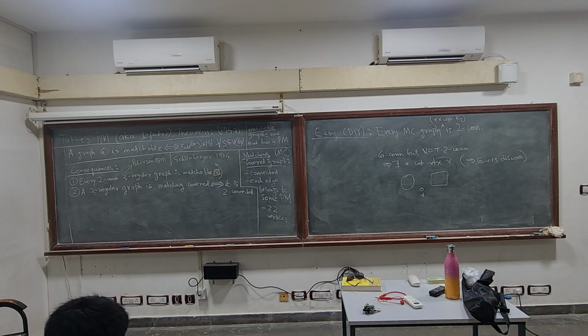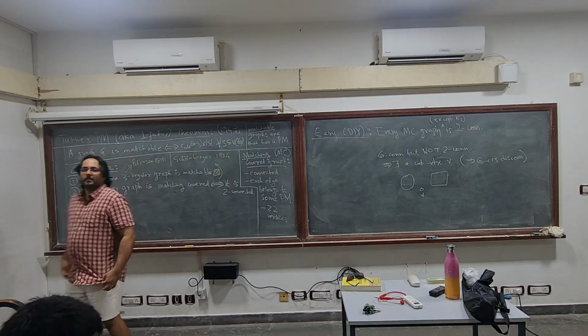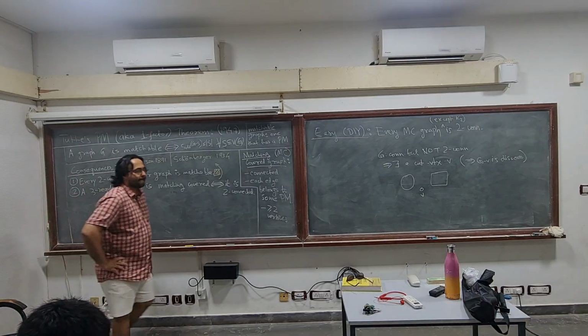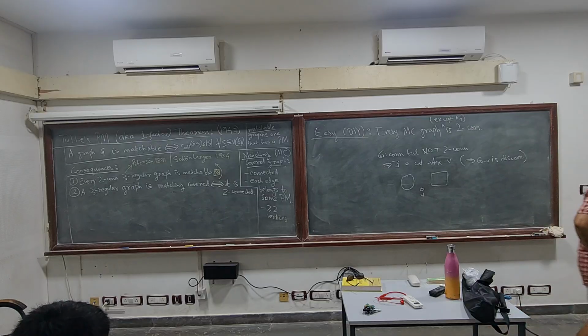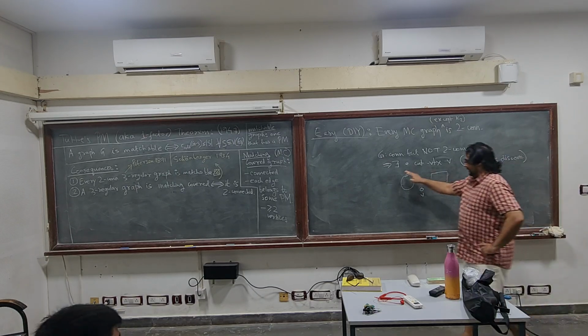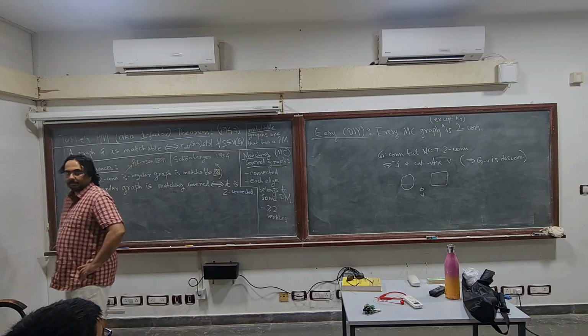In the case of 3 regular, that's okay, but in general, that's not okay. A hint is try to complete the proof in this case that I've drawn. If you can complete the proof in this case, you can complete it in other cases.